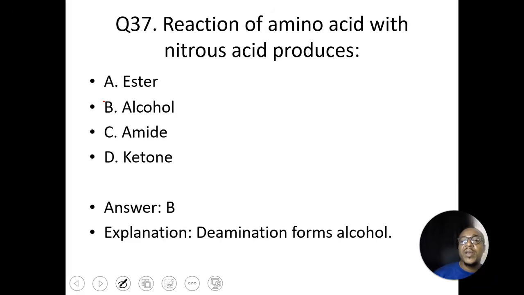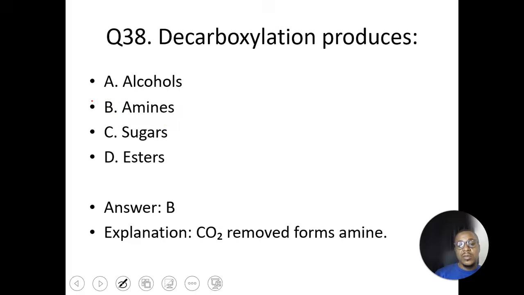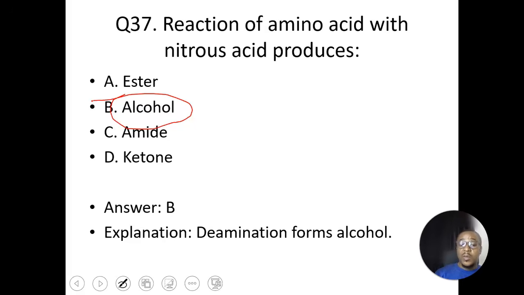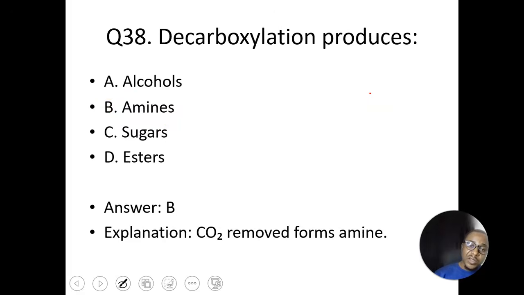Reaction of amino acids with nitrous acid produces alcohol. It is actually a deamination reaction, but in the biological system, deamination produces a ketone. Decarboxylation produces an amine.